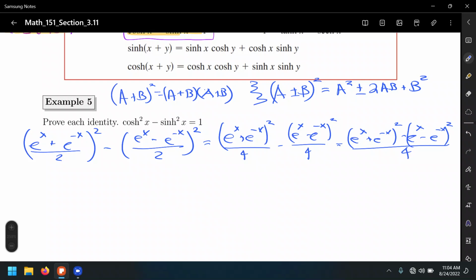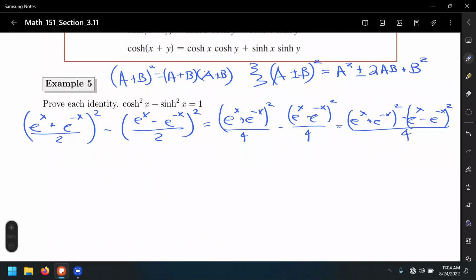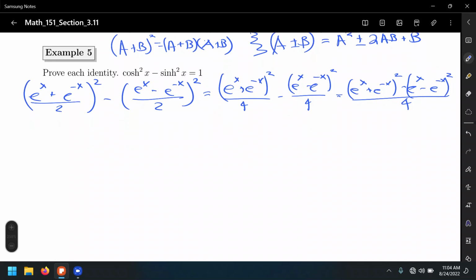That's going to save a lot of time, trust me. But of course, when you're doing the homework or on the exam, if you feel more comfortable doing it the FOIL way, that's acceptable, as long as you get the same result. So that shouldn't be an issue.